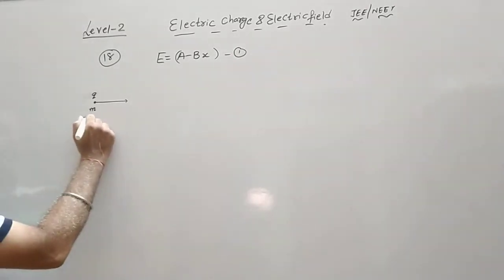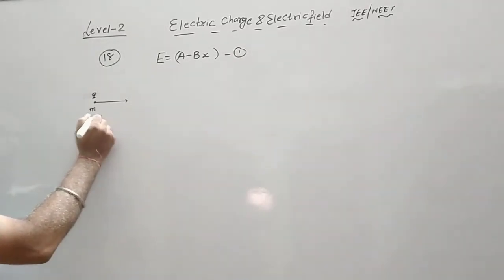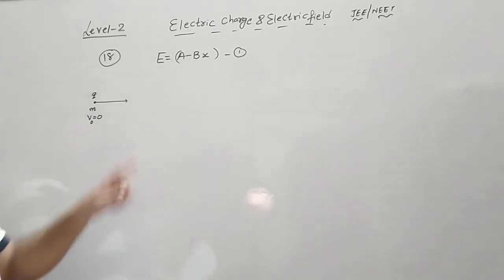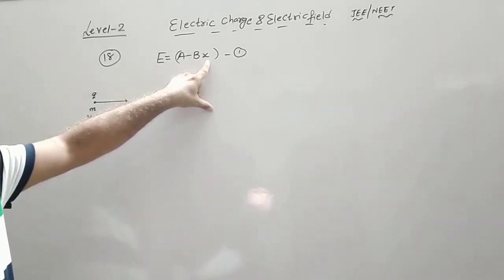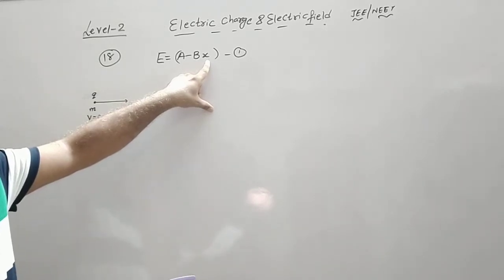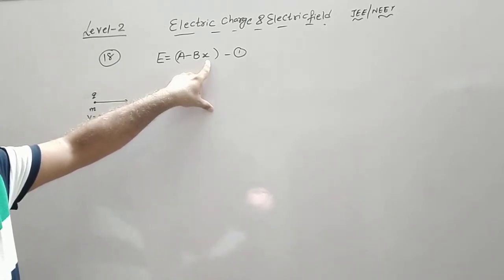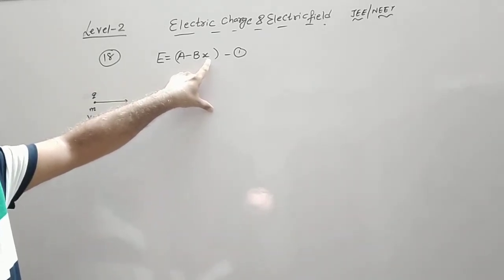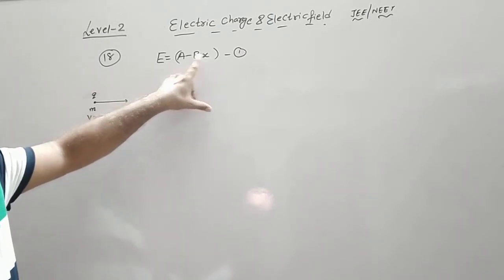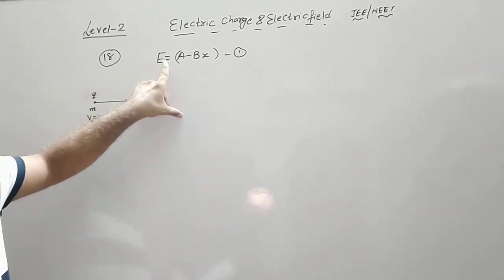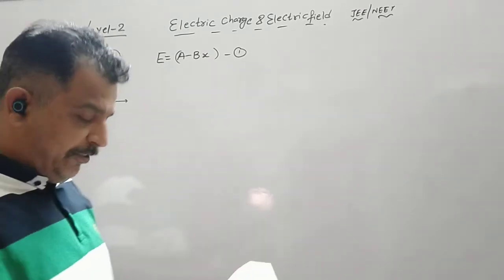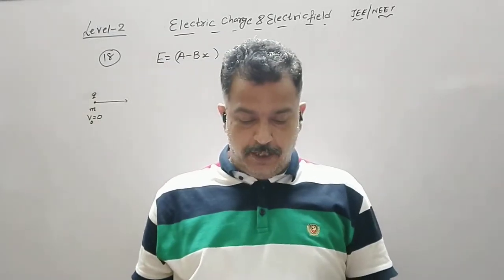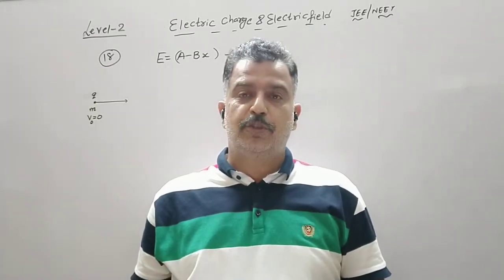Initially it is at rest, so initial velocity is 0. Now clearly the electric field is a function of position. x is the distance from the point from where the particle was initially at rest. So as the distance changes, the electric field is also changing. So the electric field is variable. Now we have two parts. The first part: the distance traveled by the particle till it comes to rest.